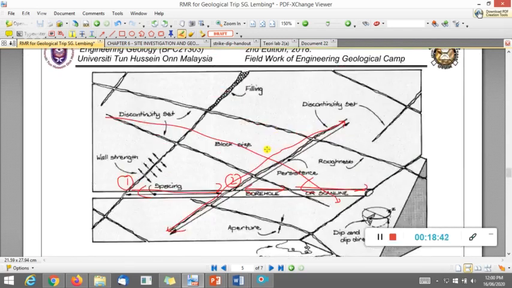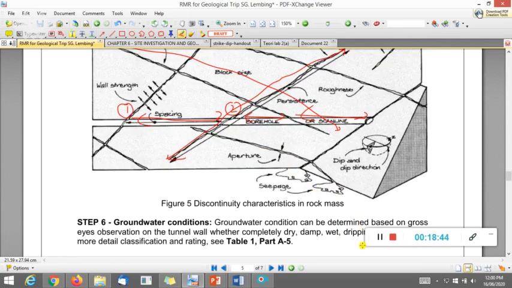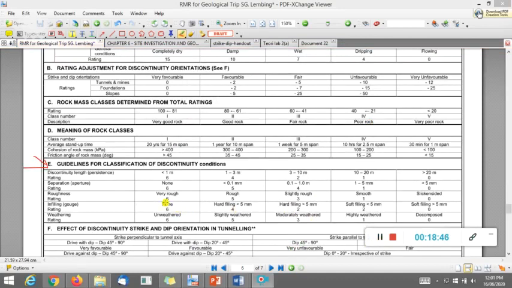For the roughness, you also use your hand to touch each joint, and then give a classification. Basically, this method depends on the person. You just touch the condition and then give the general rating.